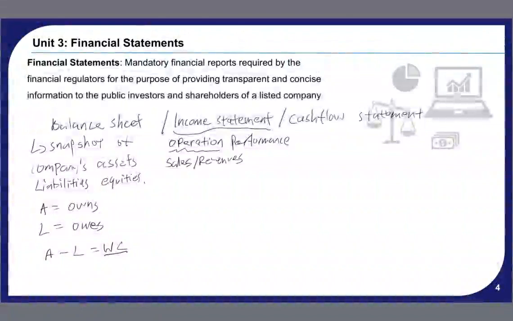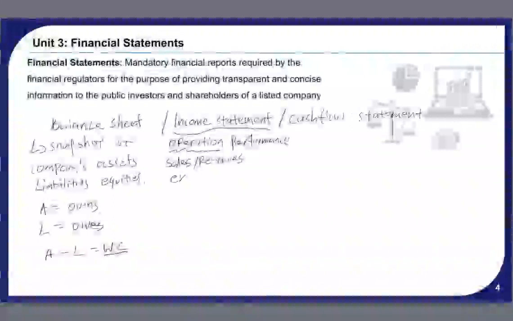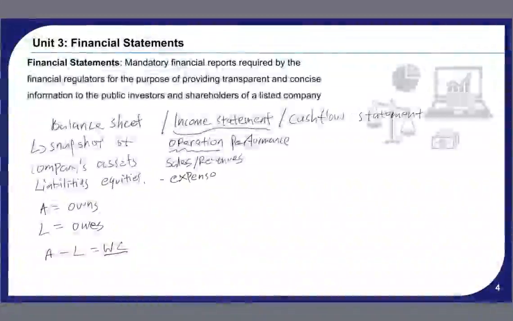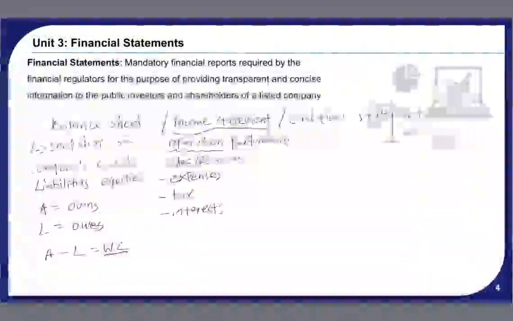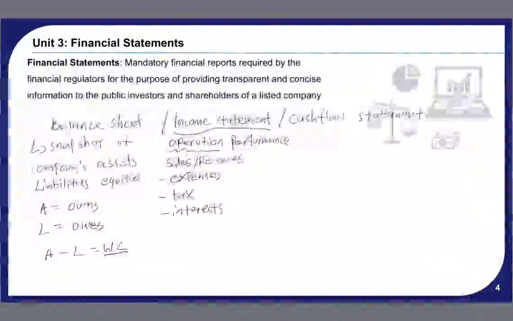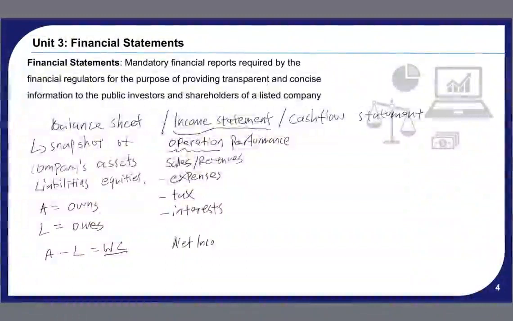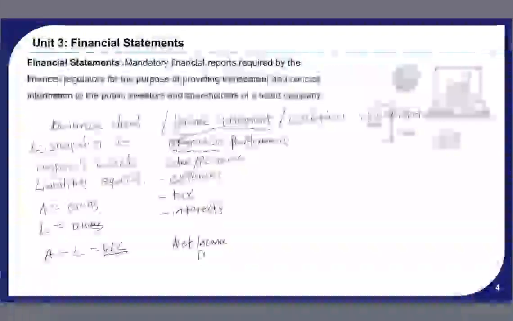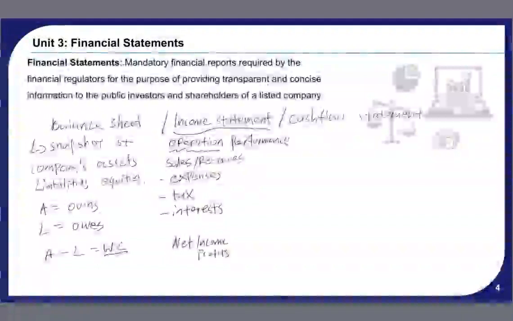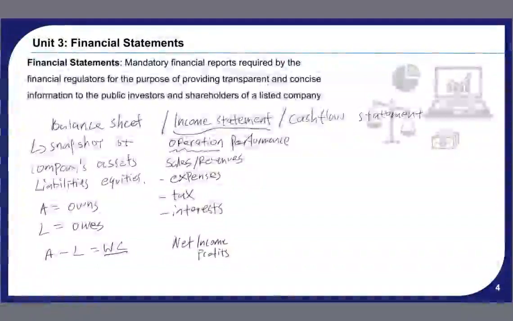Then we subtract from what we earned all the expenses, and there could also be taxes and interest that you pay, etc. Then you have the final item as net income, or you can also call it profits. It depends on the textbook, but they essentially mean the same thing.